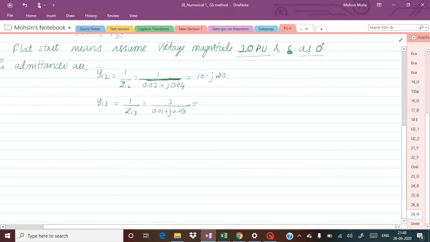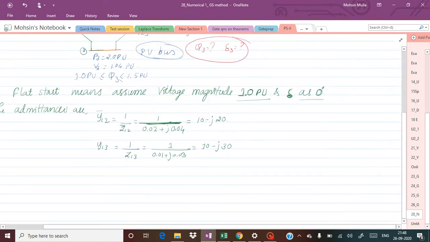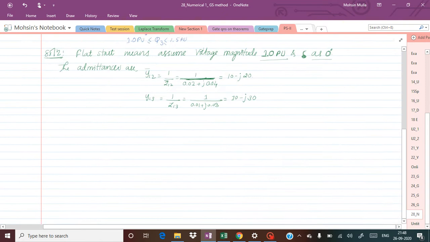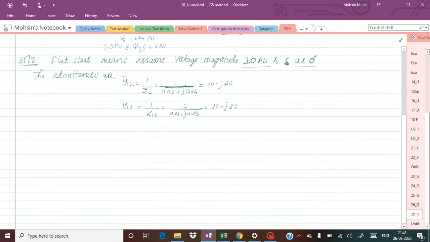Simplifying this, we are going to get 10 minus j30. To solve most of the examples you will require a calculator like the 991, so that you can do these calculations directly. If you do not have one, purchase a calculator and then do these calculations.